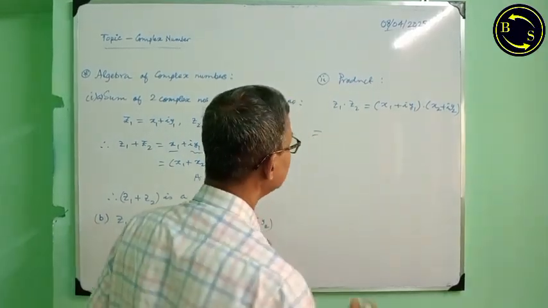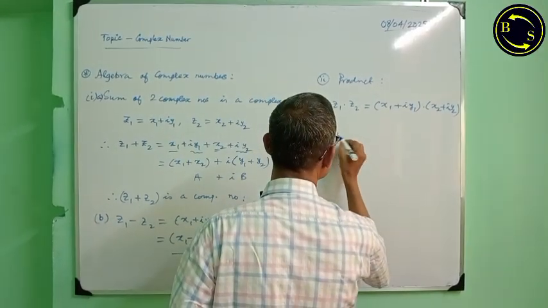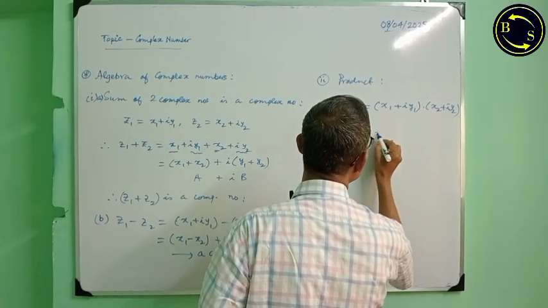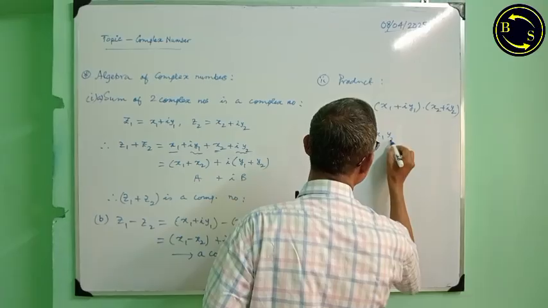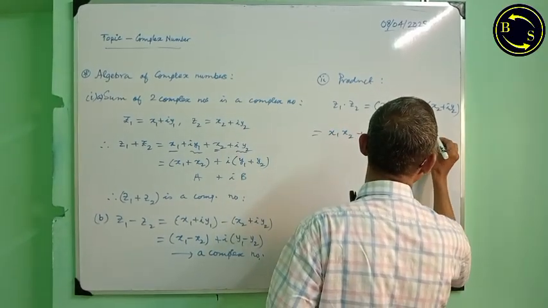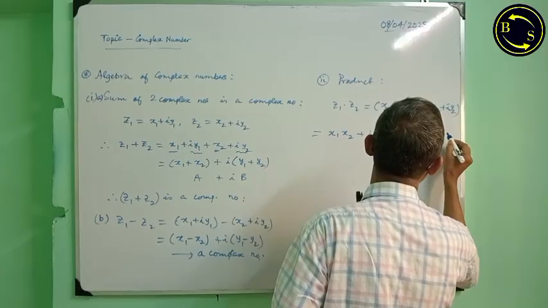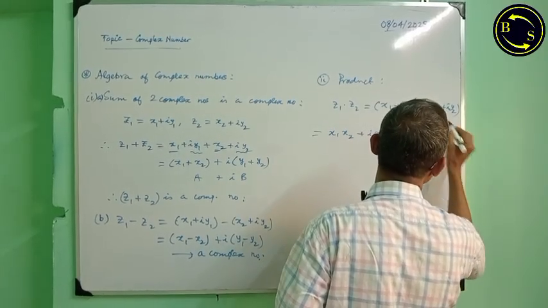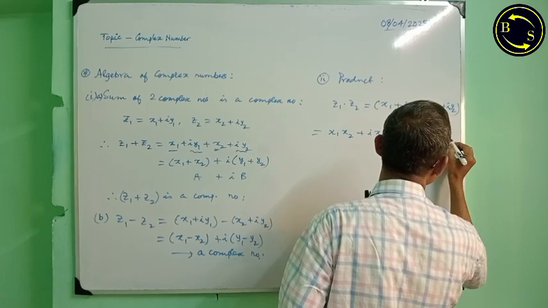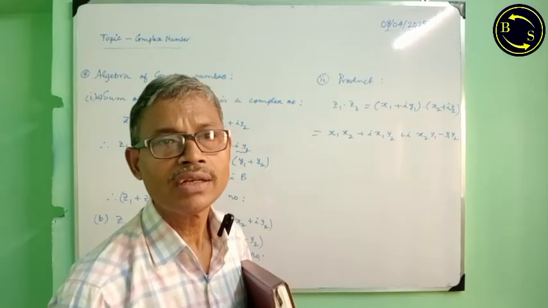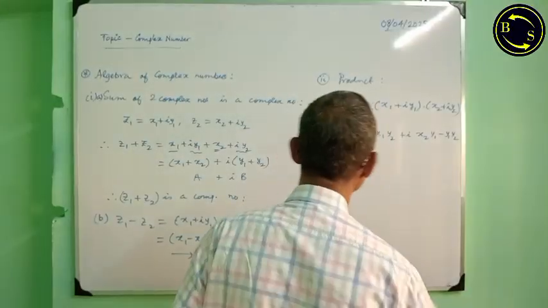We multiply. iy1 into iy2 will give minus y1 y2, as there will be i square whose value is minus 1.